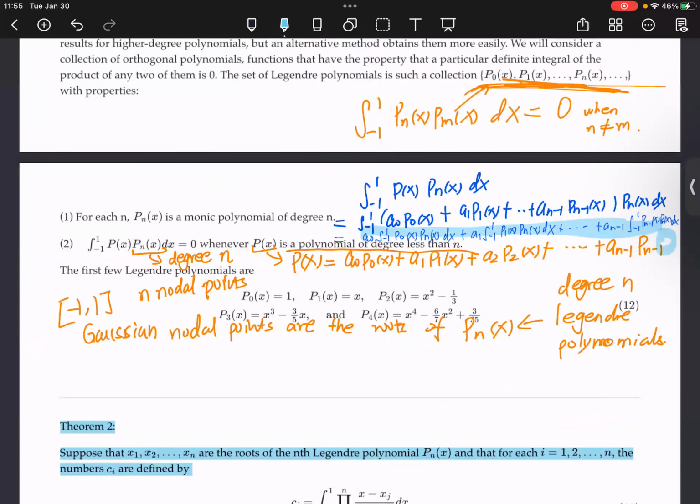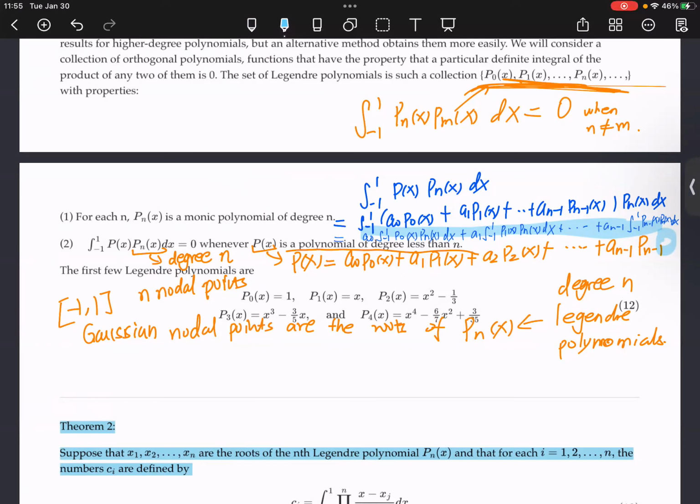So we have two very important properties here, and now we are going to make use of these properties to derive the general Gaussian quadrature rule. So we have just investigated two nodal points, and that's just one basic case. In example 0, we had two nodal points.